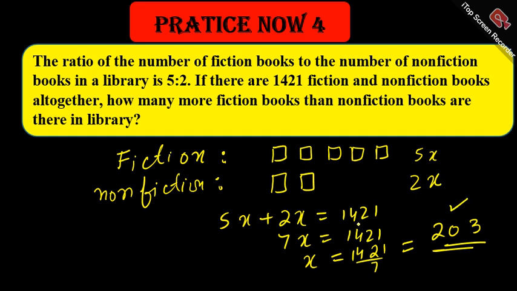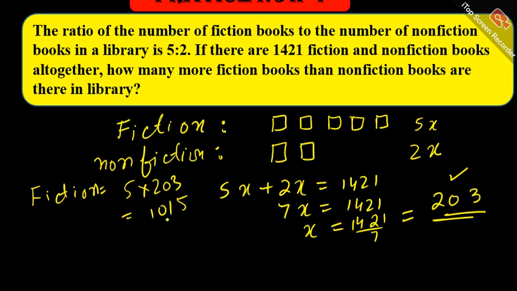So now what we have to find: how many more fiction books than non-fiction books are there in the library. We have the value of x, so now we can find the fiction books. How many fiction books are there in total? We will multiply 5 with 203, right? 5 multiplied by 203, 5 threes are 15 and 5 twos are 10, that is 1015, right?